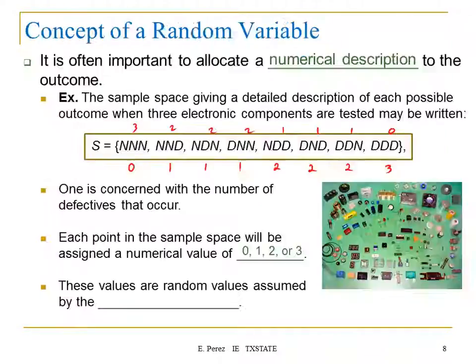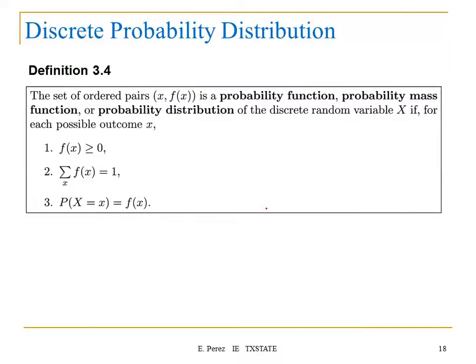So this is the most formal definition of a probability function or probability mass function of the discrete random variable x. If you satisfy these three conditions, then you know that you have a probability mass function or a probability distribution for a discrete random variable. The first condition is that the function, when evaluated at x, is always greater than or equal to 0.